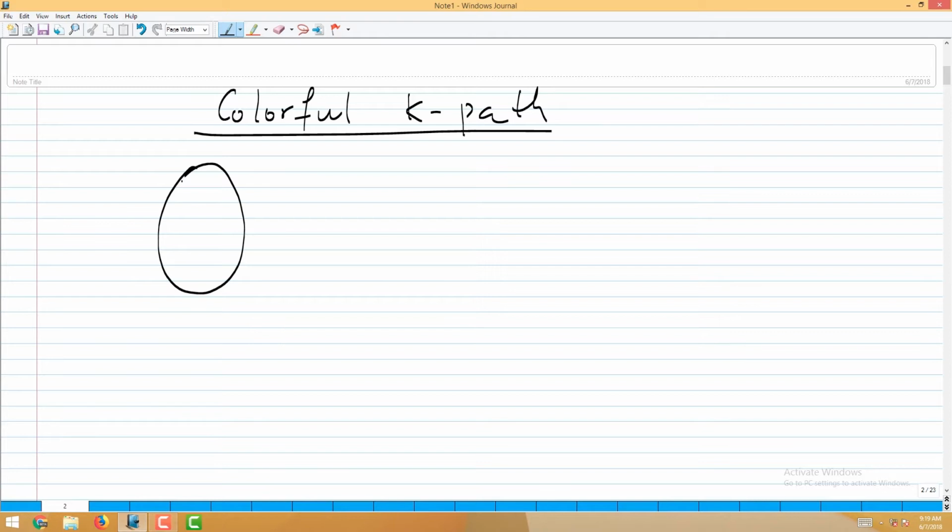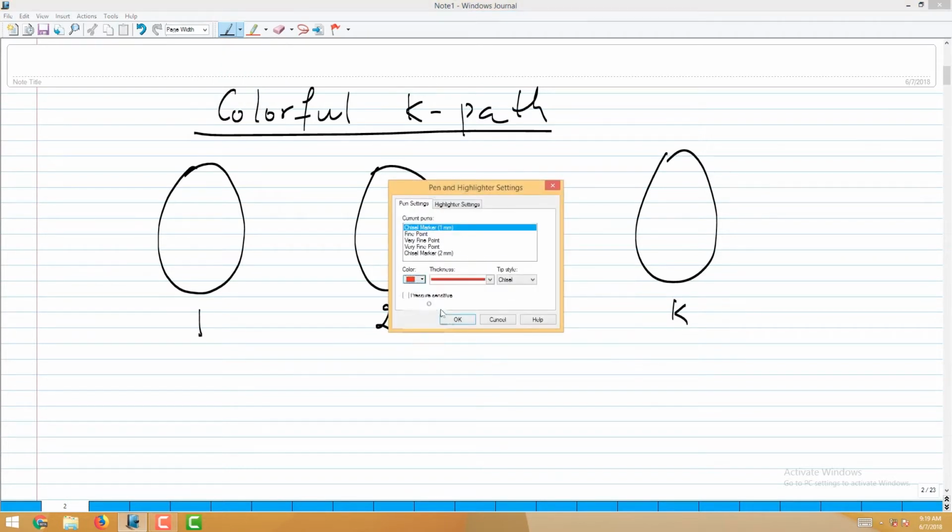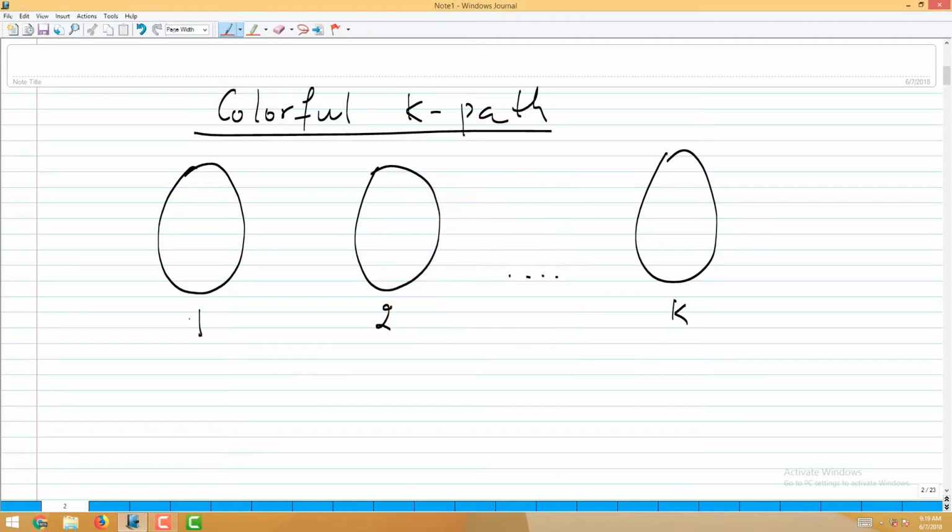Let this be the collection of all vertices in the input graph that I've got colored 1. Let this be the collection of all vertices that I've got colored 2. And so on, these have got colored k. These are the vertices which have got colored 1.